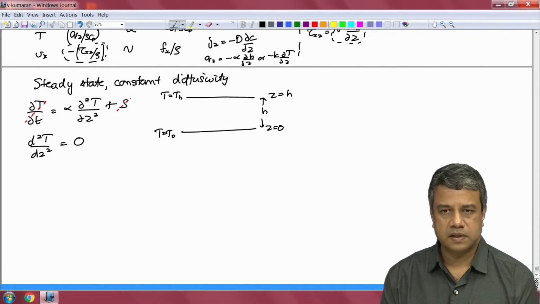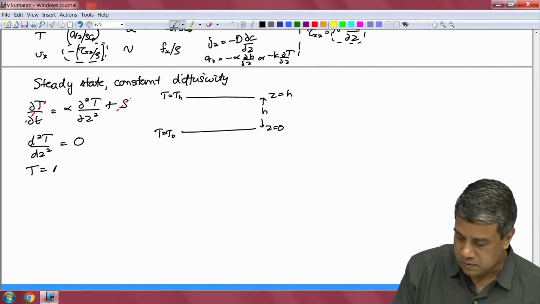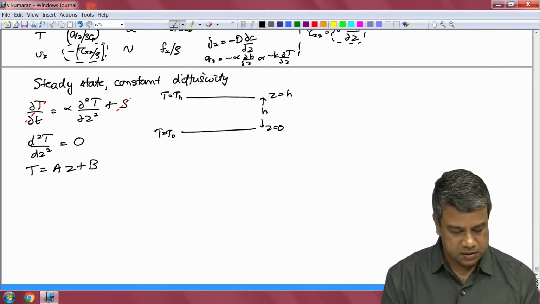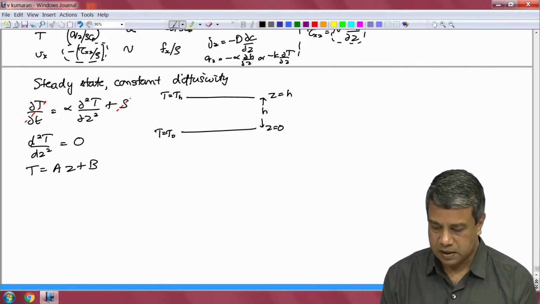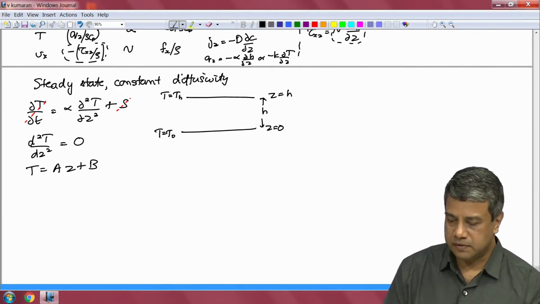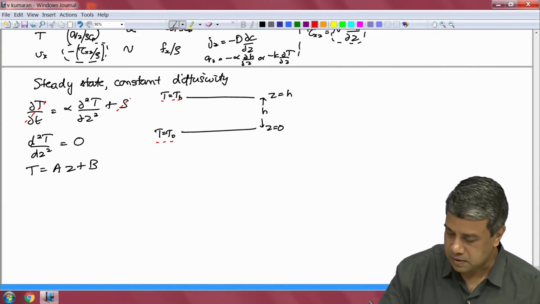The solution of this is just a linear function, T is equal to a z plus b. That is the solution for this linear differential equation, and the constants a and b are determined from the conditions that T is equal to T0 here and T is equal to Th here.